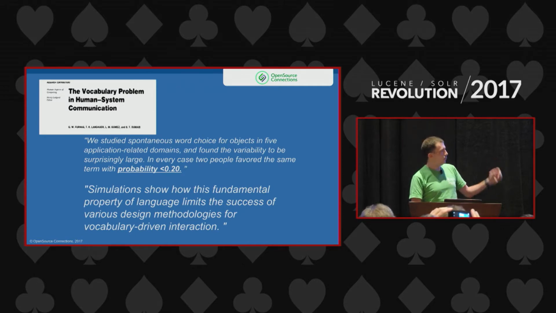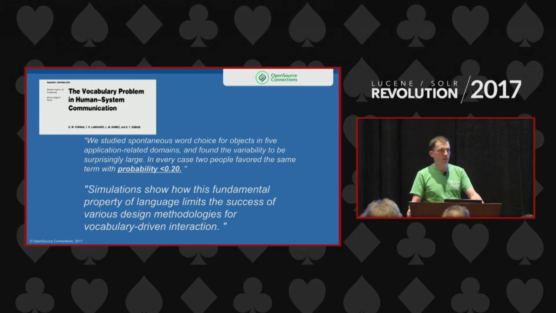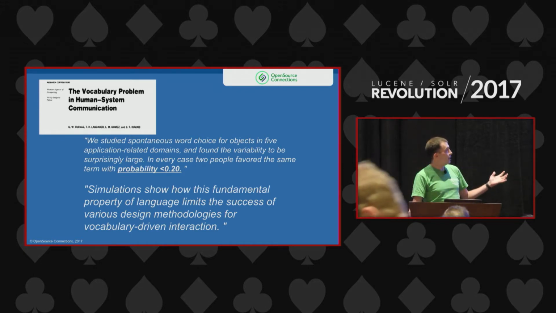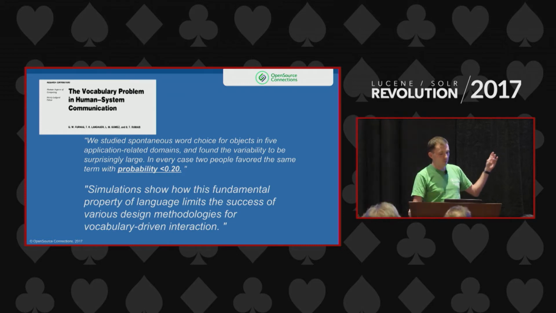A lot of what people mean when they talk about this semantic search problem gets back to a paper that my colleague Renee Kriegler shared with me, an old classic paper. The idea is that if you show an object to two human beings, there is a really small probability they will use the same language to describe that thing.